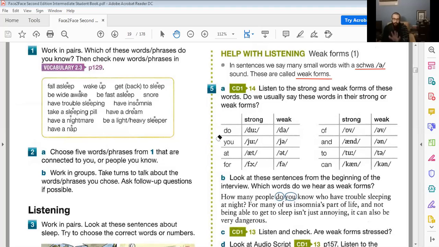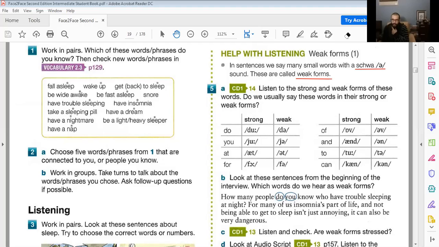So when you read it completely, or fully, or normally, this is the strong form. But in reality, in most sentences and questions, most of the time, in English at least, especially for natives, they don't use this strong form. And we'll see the difference between the strong form and the weak form.